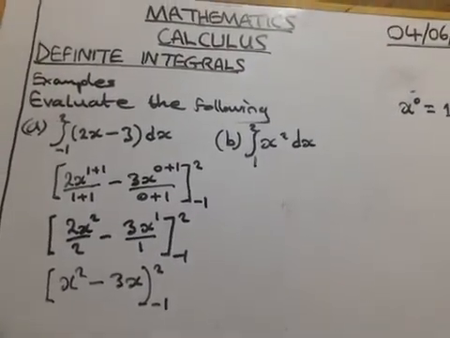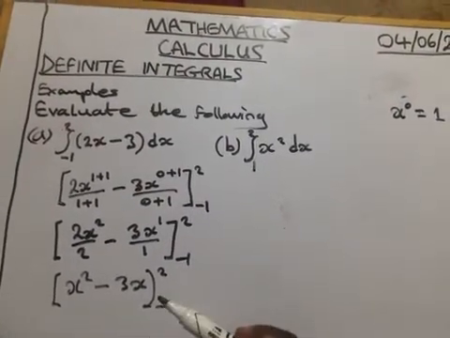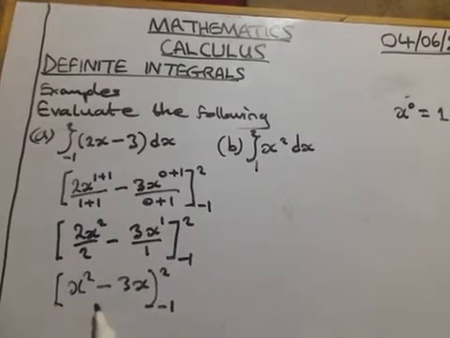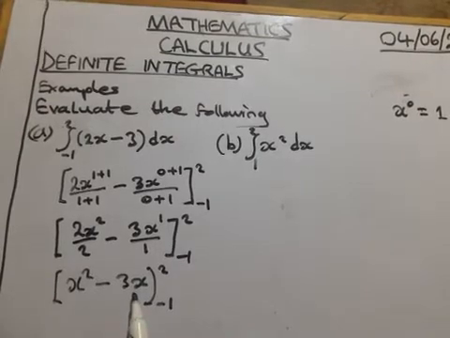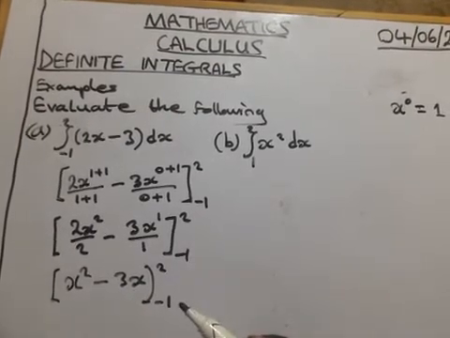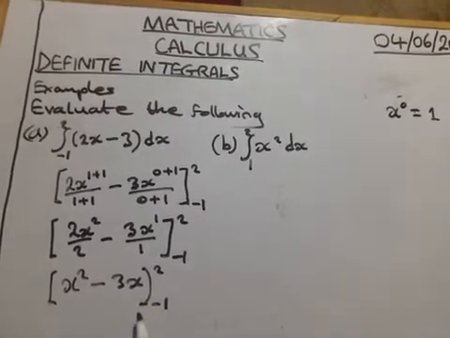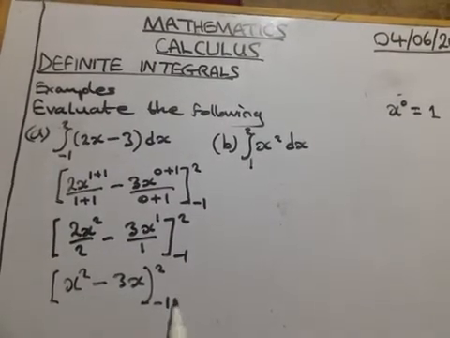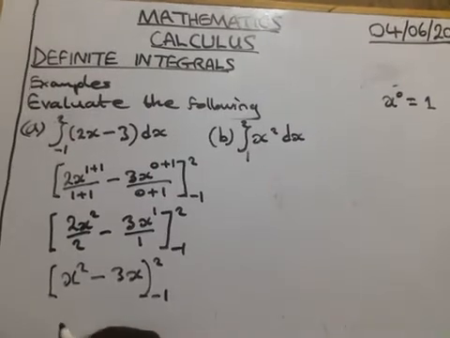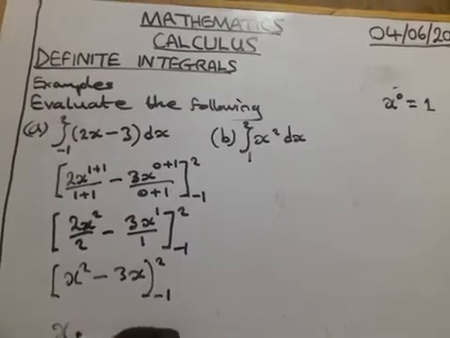So this is the integral. Now when you're dealing with a definite integral, you have to replace where there is x with the upper limit. Then you subtract the expression with x replaced by the lower limit.